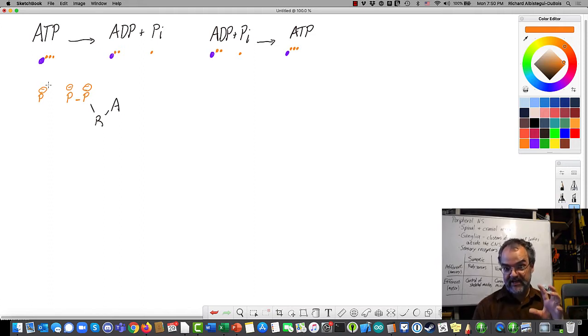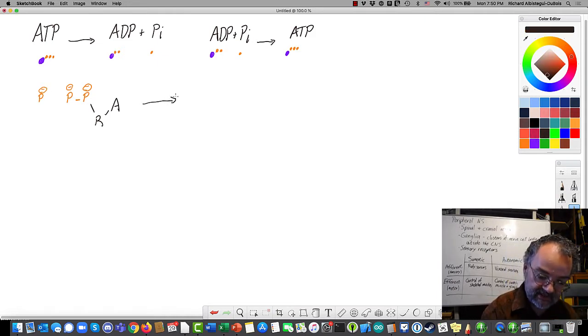It's difficult to get it there because negative charges repel each other. But if I have the right enzyme, I can force those phosphates to get close together. Remember, I have to put energy into it to force them in there, and then make a covalent bond which is going to tie them together.